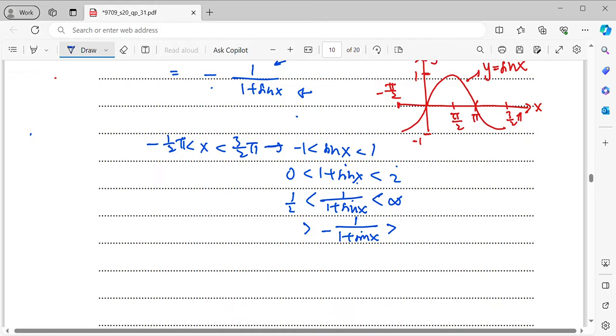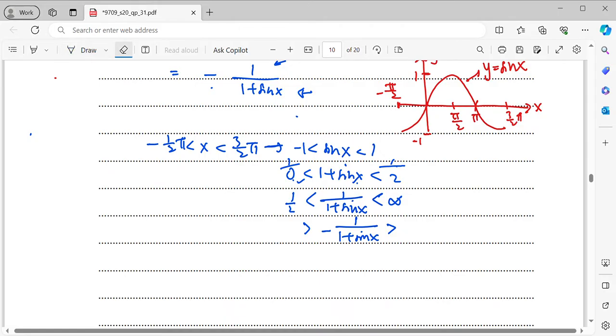Okay, let me check one more time. Alright. Okay, so here I will write less than that. This is when you consider 1 over, right? 1 over 0 is infinity. It's still positive.